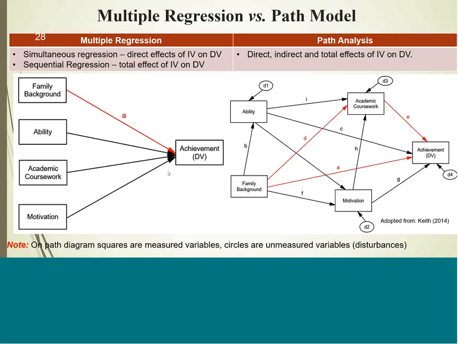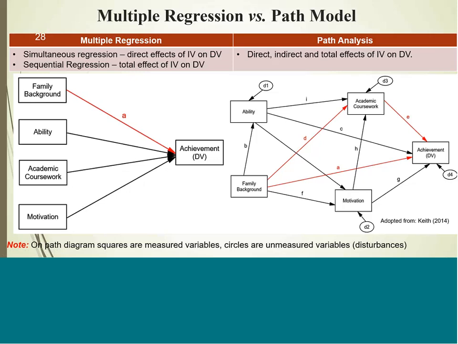The path model will provide us more information and a heavier story on the figure than the regression analysis figure on the left, because we will understand the direct effect of family background on achievement and the indirect effect of family background through academic coursework, and then we can have the total effect of family background, which will go through all the arrows and everything else will be added up.